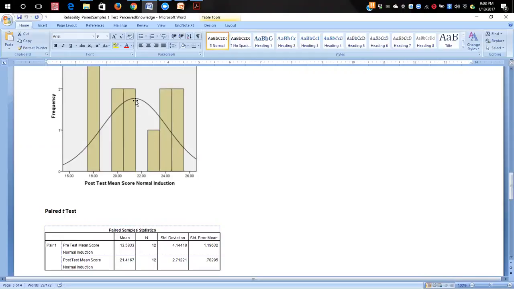The best way to examine the histogram with normal curve distribution is to always cut it in half. You look at the tip of the curve, and when you cut it, each of the halves should be a mirror of each other.